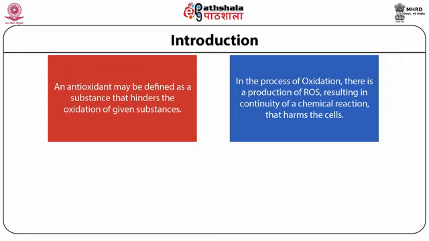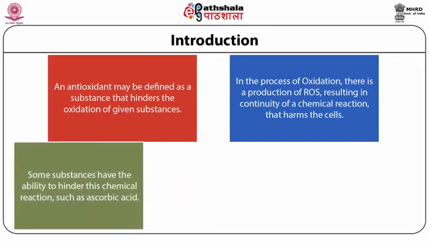This results in a continuity of chemical reactions during the propagation phase, which ultimately harms the body cells. Some substances, such as ascorbic acids, have the ability to hinder this chemical reaction and its propagation phase. These substances are known as antioxidants.